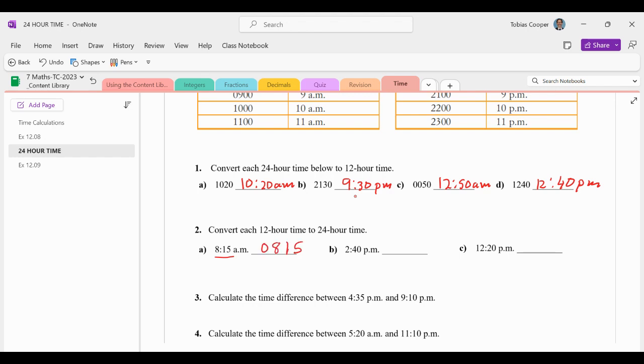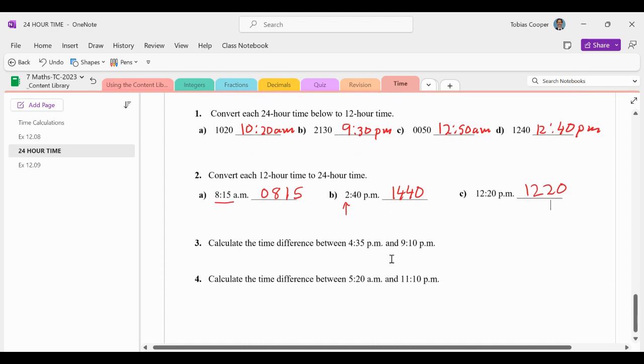So it's just 0815. 2:40 PM. Well, this is in the afternoon, isn't it? So it's 2 hours and 40 minutes after midday. So we're going to add 12 to the hour. So that'll be 14:40, and you don't write the PM there. Here, 12:20 PM. So this is 12 hours after midnight and 20 minutes after 12 midday, so 12:20.